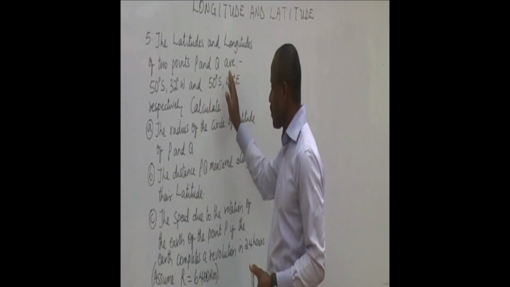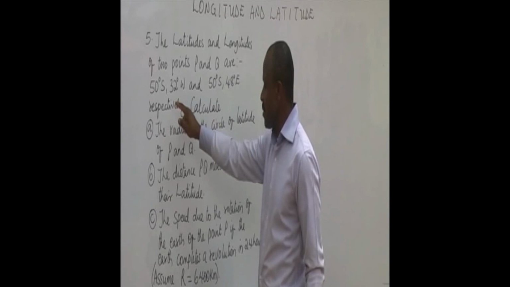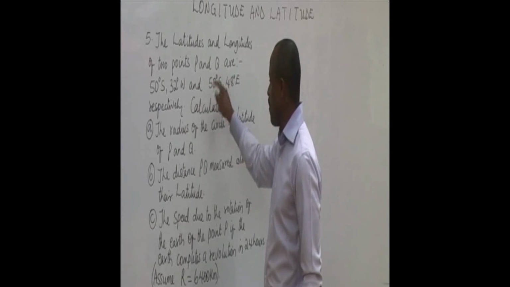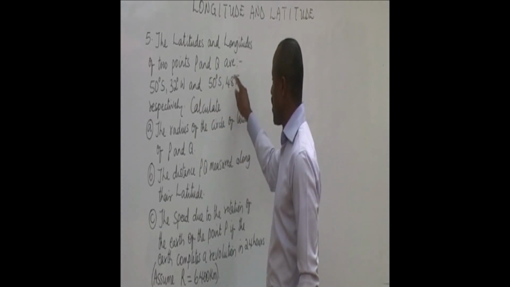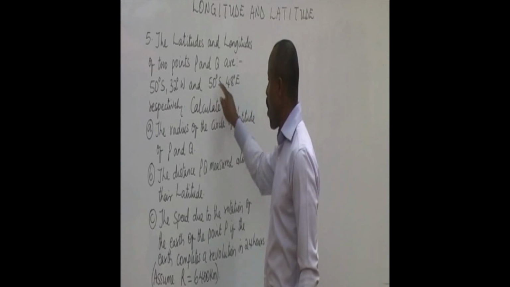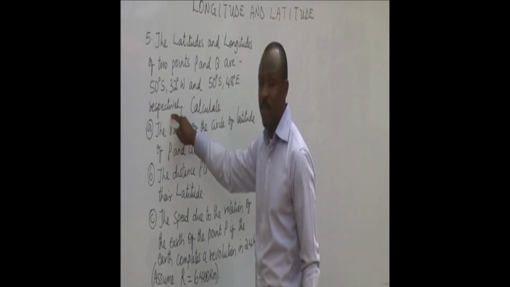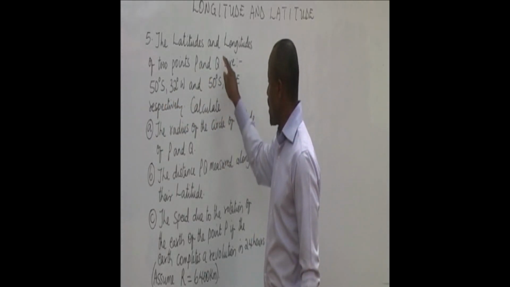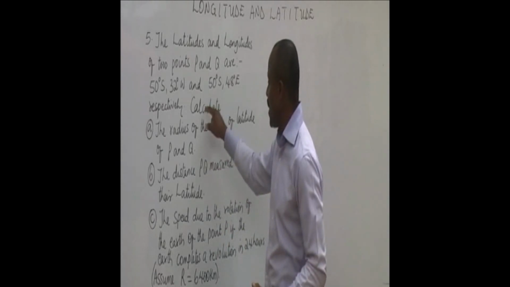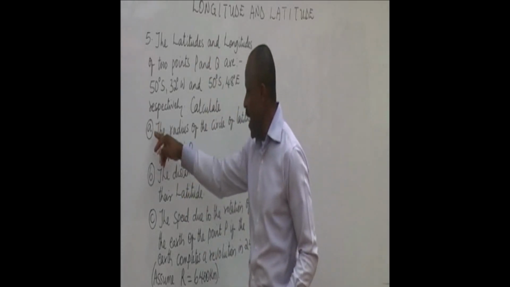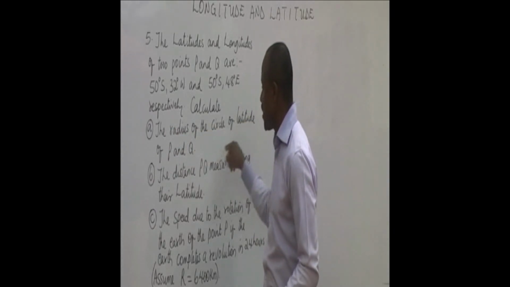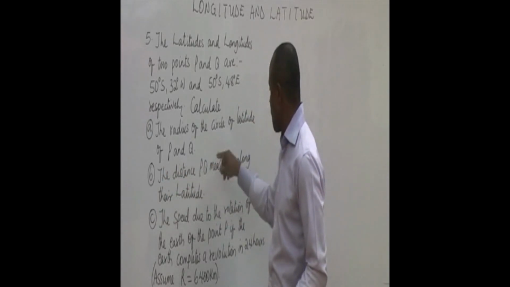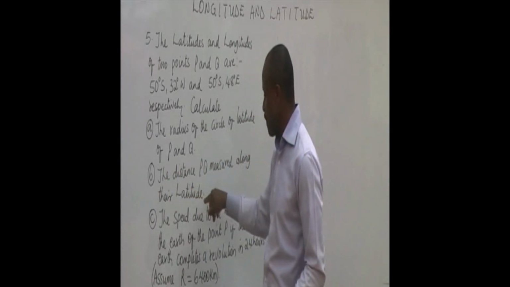P and Q are at 50 degrees south, 32 degrees west for P, and 50 degrees south, 48 degrees east for Q. That is the meaning of respectively. The first is for P, the second is for Q. They were asked to calculate, based on that information: A, the radius of the circle of latitude of P and Q. B, the distance PQ measured along their latitude.